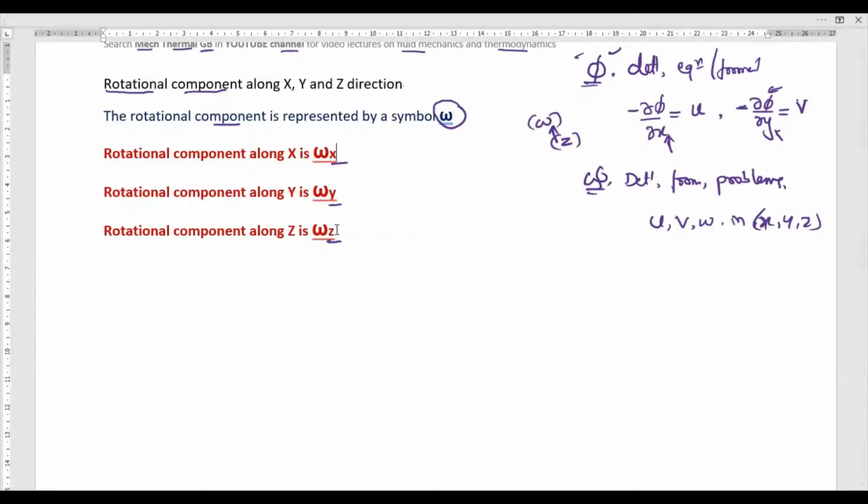It is the movement of the fluid element in such a way that both the x and y axes rotate in the same direction, that is, about the z direction. For example, if you consider the x-y plane, these two axes, x and y, rotate along the z direction.